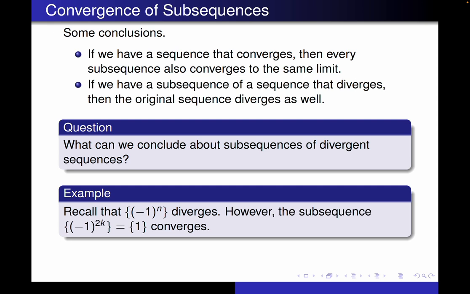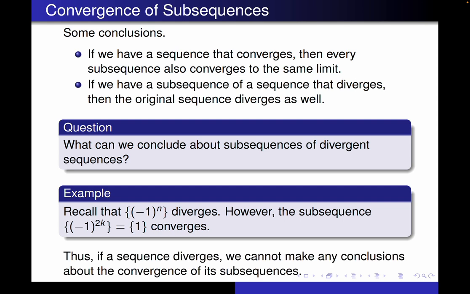If we only look at the even terms of that, the even subscripts, all the even powers of negative 1 are 1, and that actually converges. So we have a divergent sequence with a convergent subsequence, which suggests that if a sequence diverges, we can't make any conclusions about whether its subsequences converge. Maybe it has convergent subsequences, maybe it doesn't.